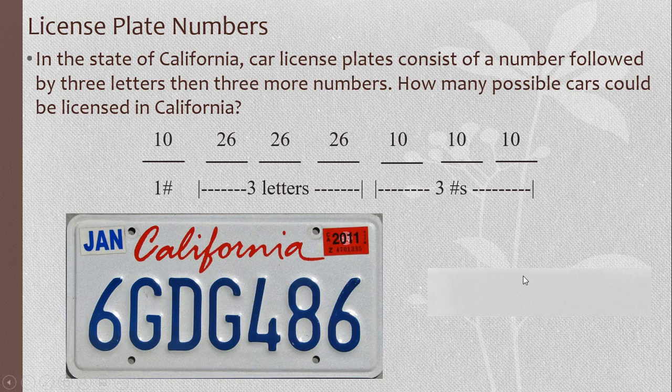So you multiply that all together, and you're going to have 26 to the third, so 26 times 26 times 26, times 10 to the fourth, 10 times 10 times 10 times 10, gives us over 175 million different license plate possibilities in California. So it's going to be a while before they run out, but it will happen eventually, and then they'll have to come up with some different system or start back at zero.